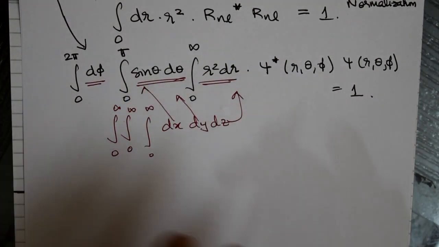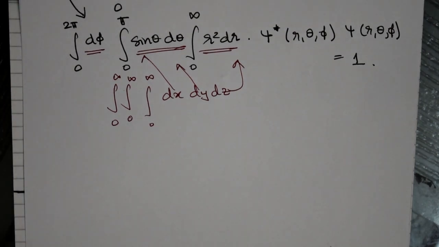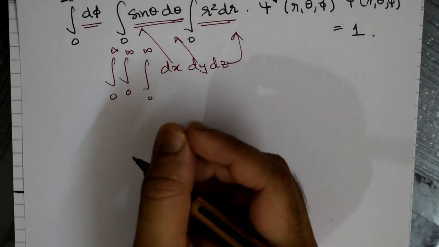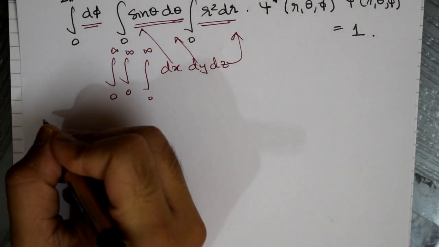Yeah. So now having done this, let's also look at the orthonormality. Whenever you have eigenfunctions that come from Hermitian operators, each of the solutions is orthogonal to one another.